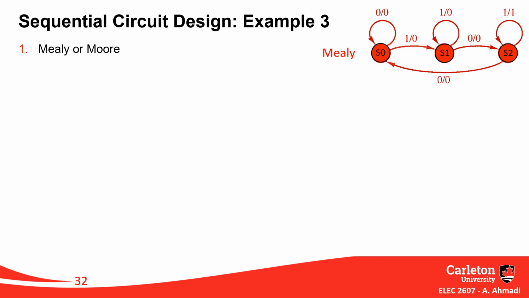So state S0 was good, state S1 was good, because if you're at S0 or S1, you definitely can say your output is 0. You don't need to know how you landed in this state, but S2 was the one which didn't follow this.